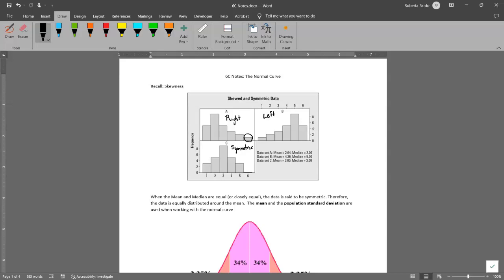And anytime we're working with a normal curve, we're always using the mean because we're talking about the standard deviations, and standard deviations are the distance from the mean, so equally spaced distances from the mean, whereas a box and whisker plot is spaced from the median. So the mean, and then we're going to use the population standard deviation.